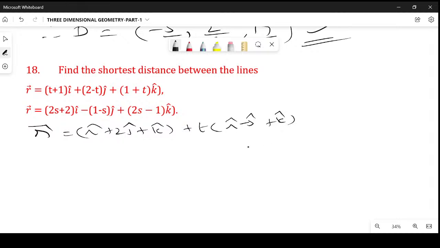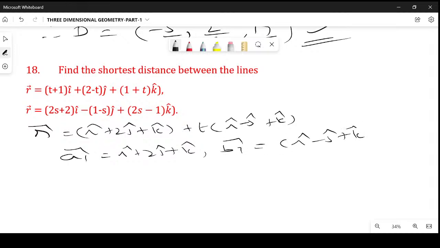Correct. From this equation I can write a1 bar equal to, in the vector form, i cap plus 2 j cap plus k cap. b1 bar equal to i cap minus j cap plus k cap.